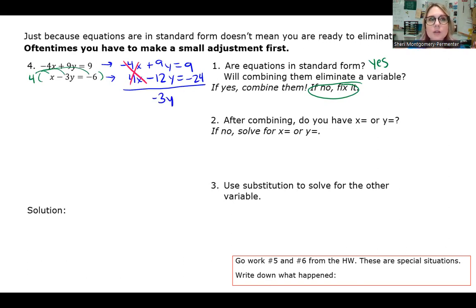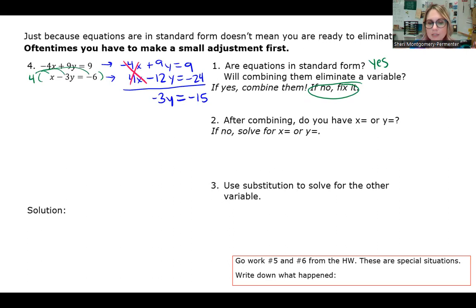And then I have -24 plus 9, or 9 minus 24. You guys have a calculator. -15.